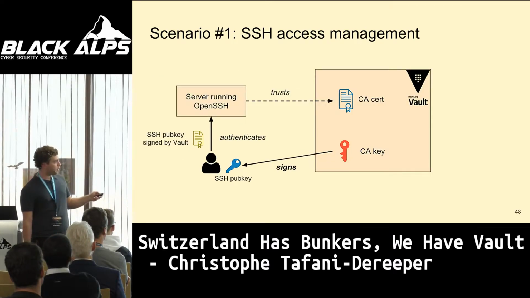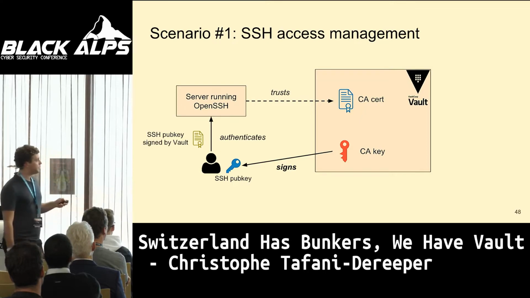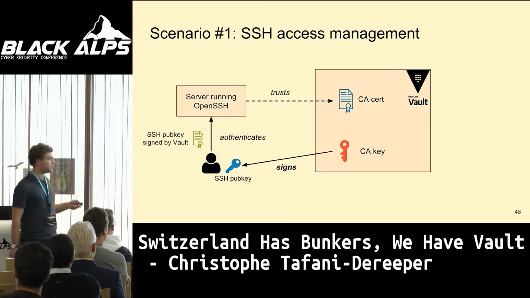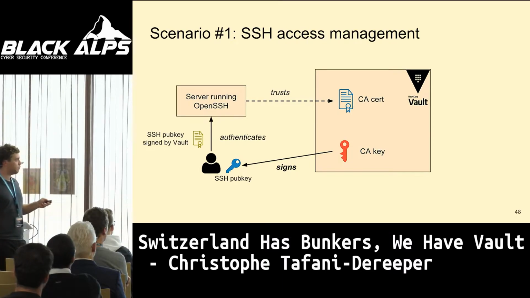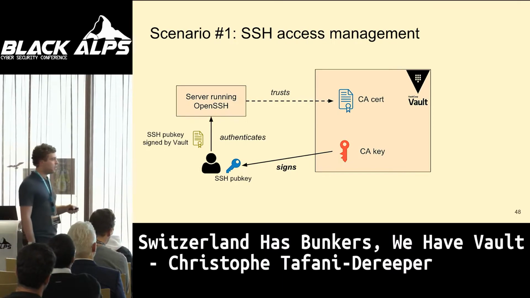So to make it a bit clearer, you have your server running OpenSSH, which trusts the CA certificate of Vault. And then Vault can use its CA private key to sign users' public keys. And when they do so, users get back an SSH certificate, so a signed public key, essentially. And they can present it to the server to authenticate.